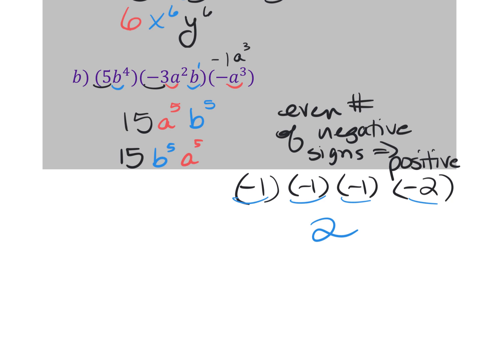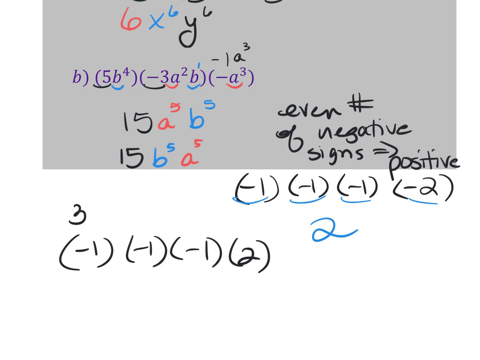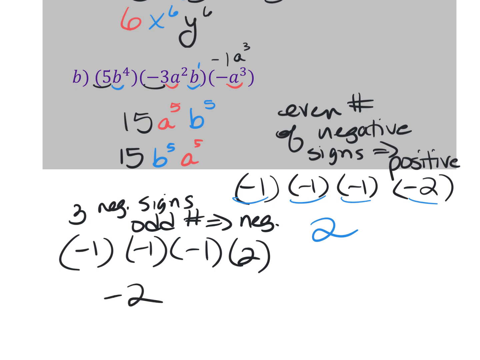If I would have had -1, -1, -1, and then +2, notice there are 3 negative signs. 3 is an odd number, so this tells me my answer is going to be negative. So that's a little trick.